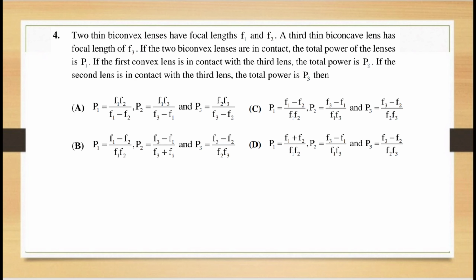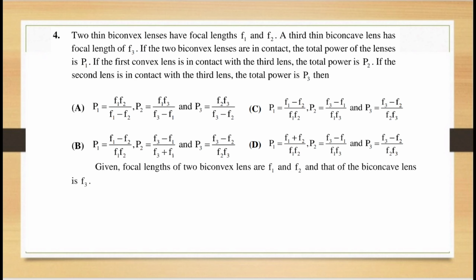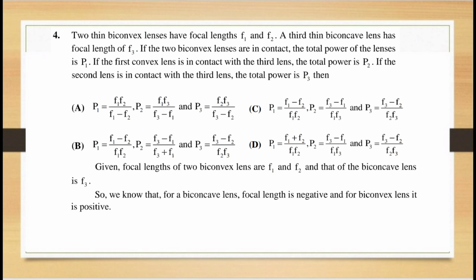They are given that focal lengths of the biconvex lenses are f1 and f2 and that of the biconcave lens is f3. So we know that for a biconcave lens, focal length is negative, and for a biconvex lens, focal length is positive.